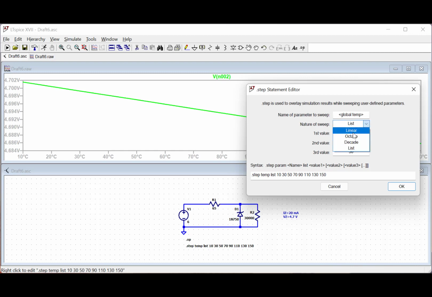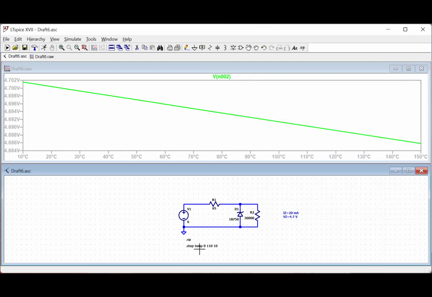I can also use a linear variation, for instance, with a start value of 0 degrees centigrade, a stop value of 110 degrees, and an increment of 10. And if I do so, you see, at that point, I don't have the list anymore, but as we have seen also with the parametric simulation, we have the start point, end point, and increment value.